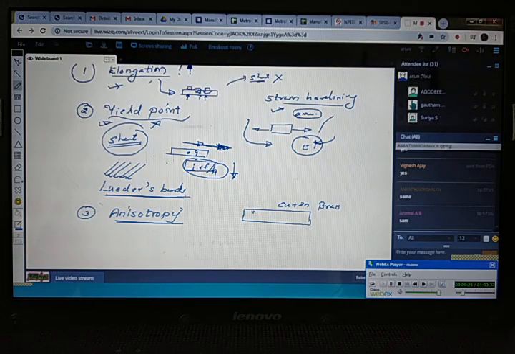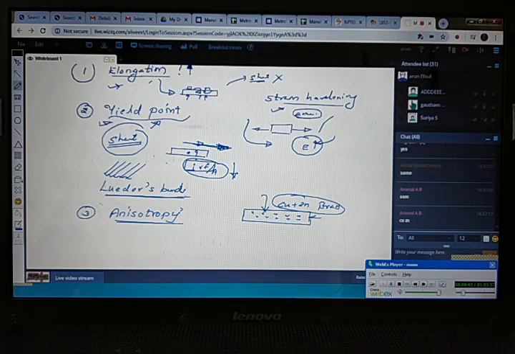When I make that alloy, will it be uniformly distributed? No, isn't it? When I make the alloy brass, will it be uniformly distributed inside at the time of the solid solution?